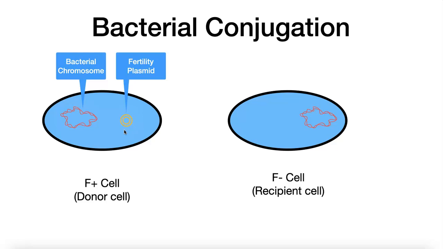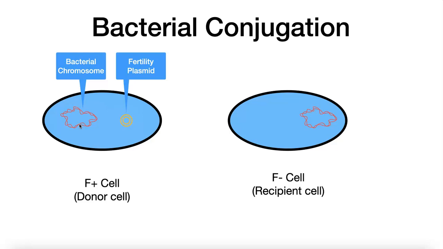Another way of trying to understand that is if I could go in with a pair of tweezers and pluck out this plasmid, there still is all the information needed for that bacterial cell to survive totally fine. If we were to do the same thing and take a little pair of molecular tweezers and remove the chromosome, that would be removing critical essential information that the cell needs, and the cell would die.